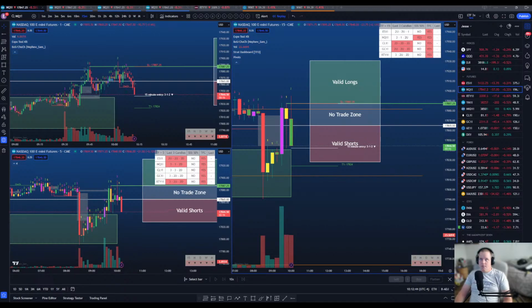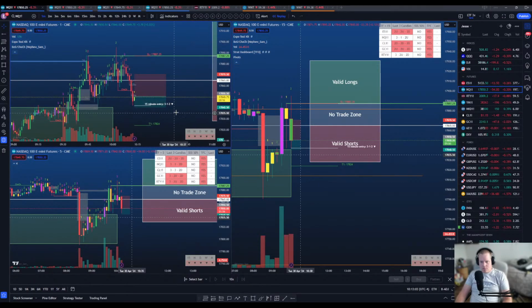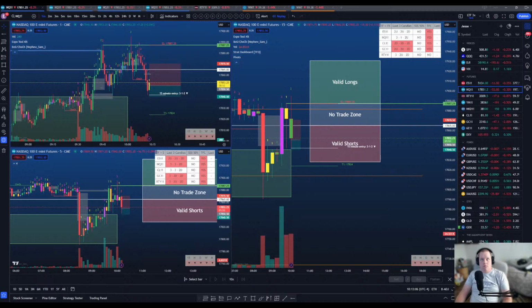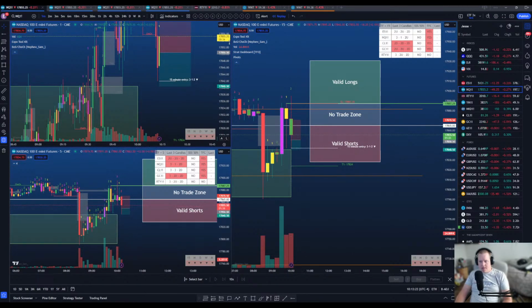I'm in NQ. Short. Filled at 50.50. Did this go a tick lower? No, it didn't.